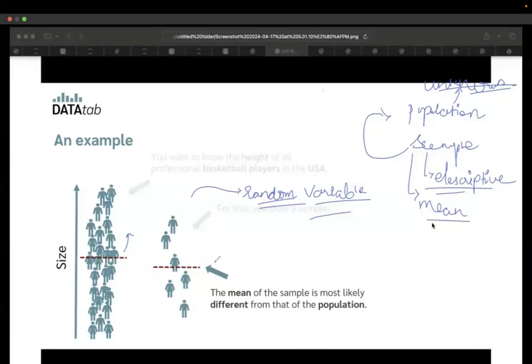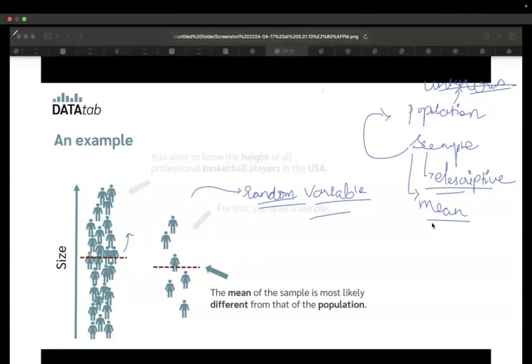I have drawn the sample from the population, and you can see it is not exact. There is some sort of variation between them. So the mean of the sample is most likely different from that of the population, but most likely we are near about each other. Now understand that we are talking about sample number 1.